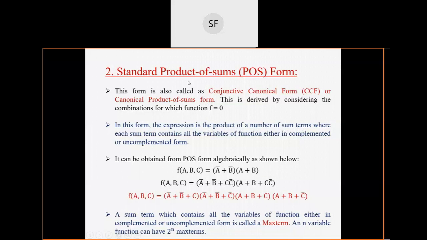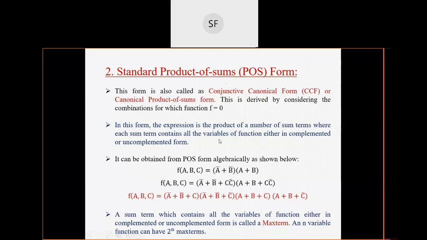Sum of product or product of sum, always remember the first term is talking about the operation between two terms, and the second term is talking about the term itself. So product of sum means the operation between two terms is product, but the terms themselves are sums.